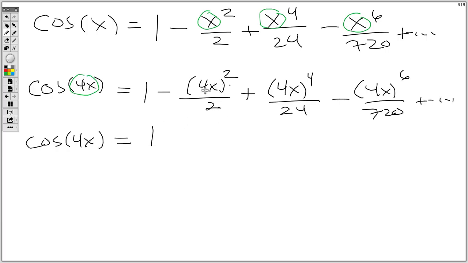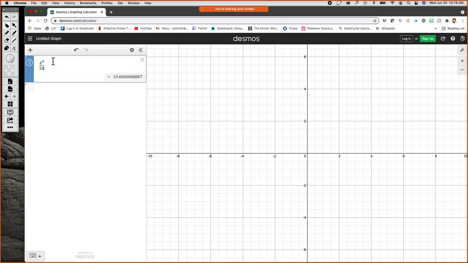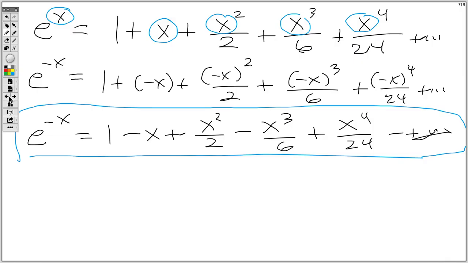So remember, when you square a quantity, you've got to square the coefficient and the variable. So you're going to get 4 squared, which is 16. 16 over 2 is 8, so it's 1 minus 8x squared. And now you've got 4 to the fourth over 24. We're going to be using Desmos to check things anyway. So 4 to the fourth divided by 24. You've got to cancel a power of 4 that'll cancel. And you can actually hit that button and you'll get the 32 thirds.